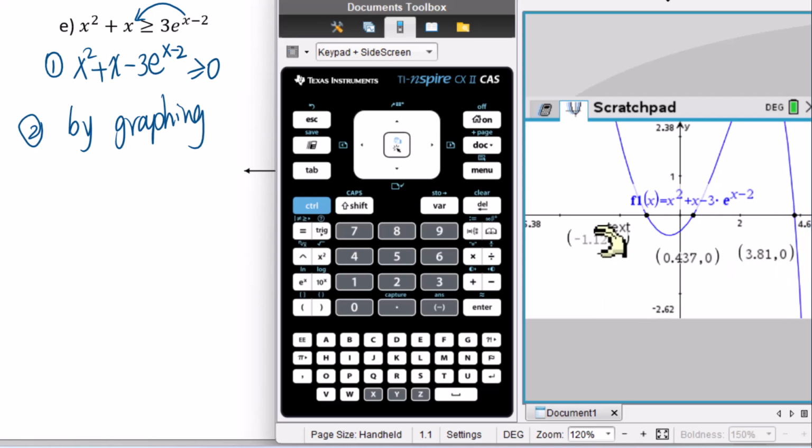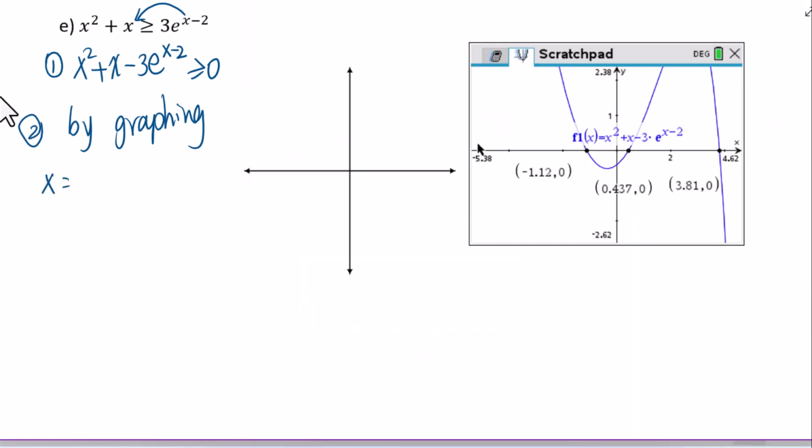We got 3 solutions. x equals -1.12, 0.437, 3.81. Let's label -1.12, 0.437, 3.81.